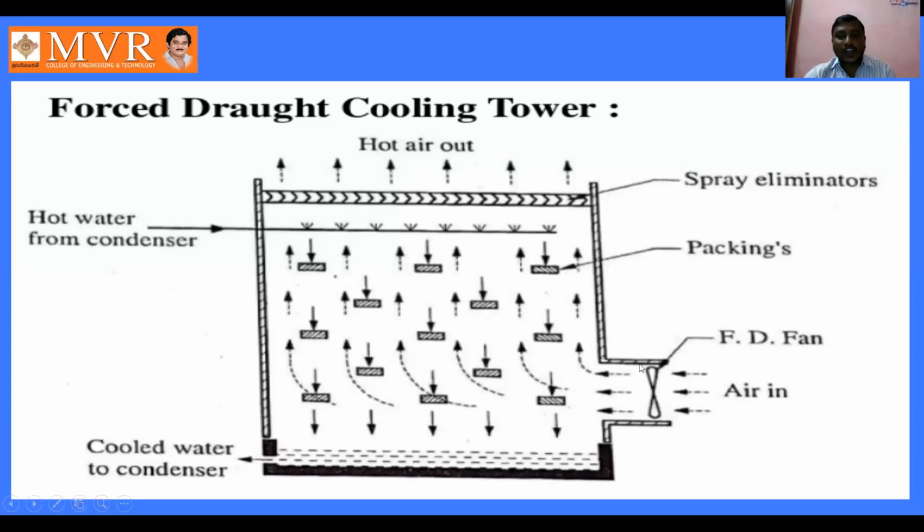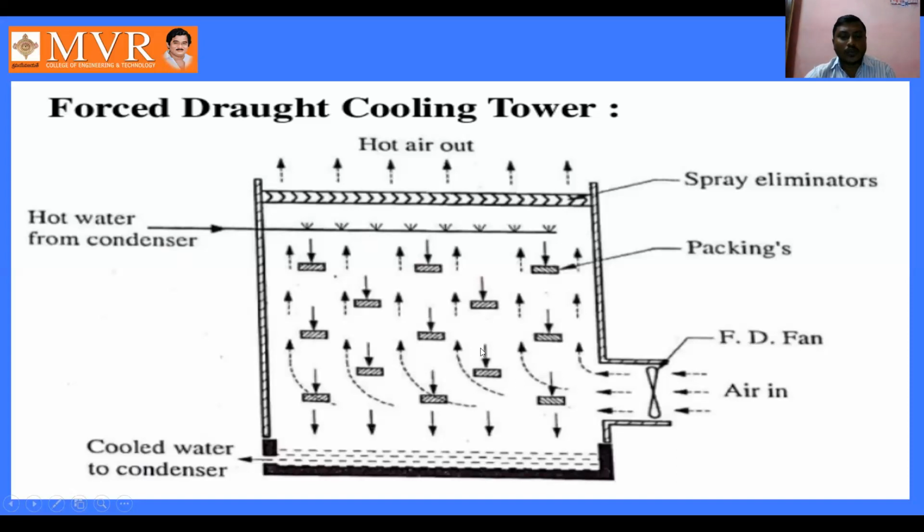See, we are using a fan here, which means by using this fan we are forcing the air into the cooling tower. After the air enters the cooling tower, it moves in the upward direction, and the hot water comes in the downward direction.